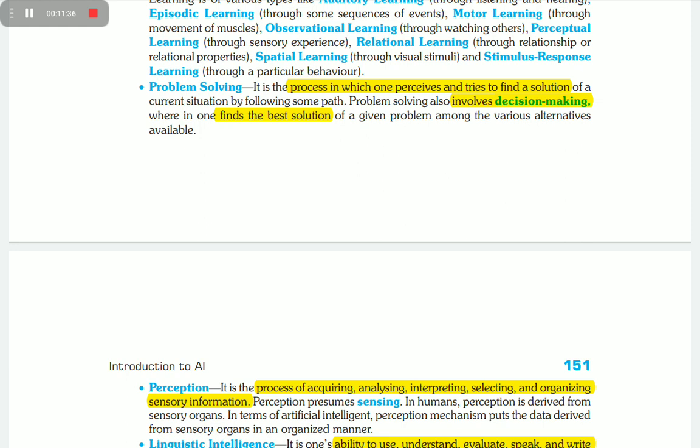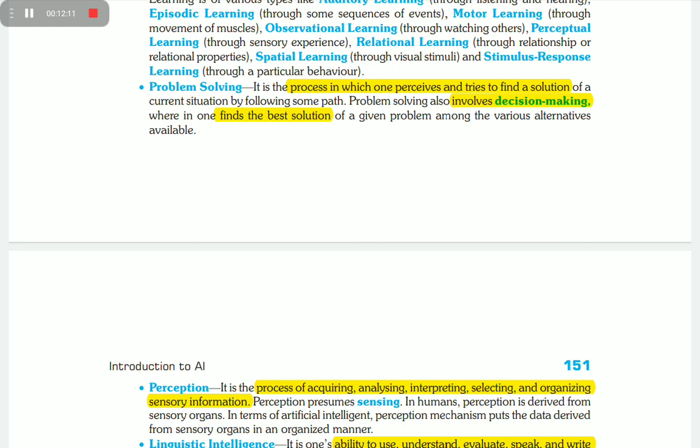Now problem solving. It is the process in which one perceives and tries to find a solution to the current situation by following some paths. Like the current situation is coronavirus, so they are trying to find a solution, to find the vaccine, basically by following some path like safety measures, etc. Problem solving also includes decision making.